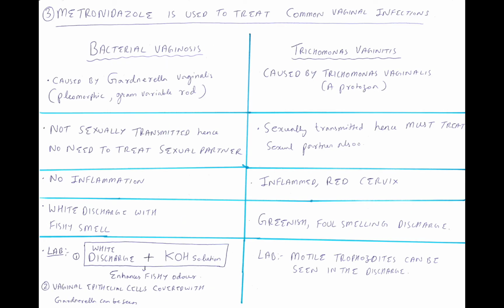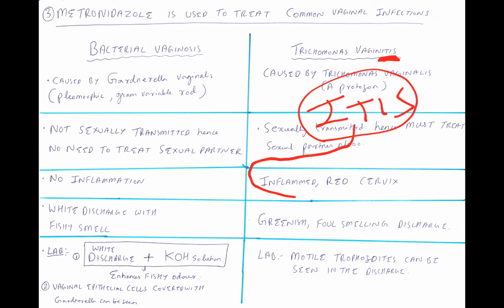Metronidazole is used to treat common vaginal infections like Bacterial Vaginosis and Trichomonas Vaginitis. Here in Trichomonas Vaginitis, we already know that itis means inflammation. So there will be an inflamed red cervix, whereas in vaginosis there is no itis, so there won't be any inflammation.